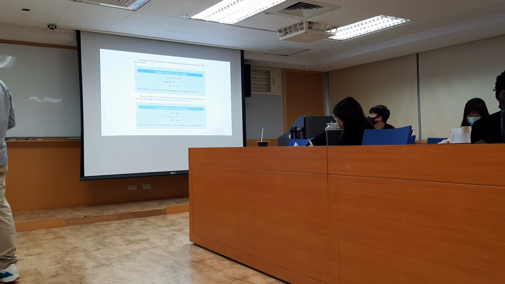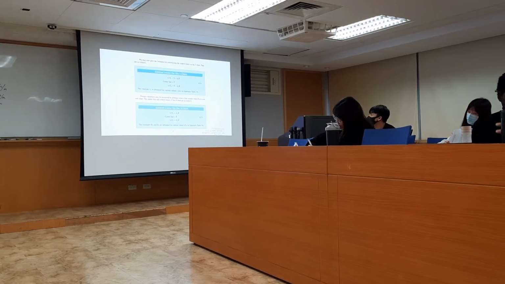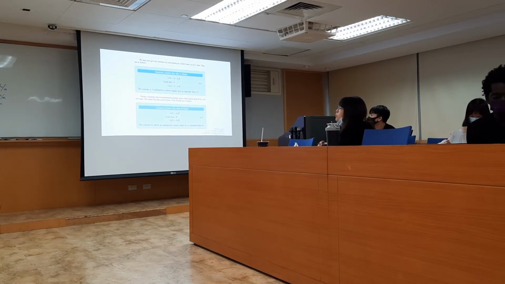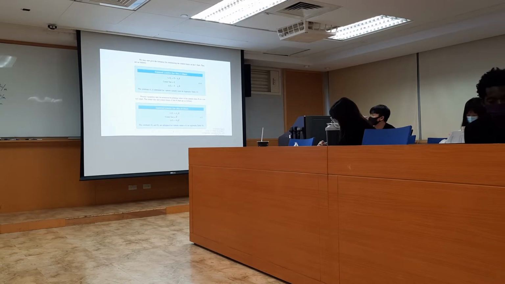Then formula 6.5 is the control limit for the R chart. The center line is R bar, and the upper and lower limits use D3 and D4, also on the same page. Do you see D3 and D4?